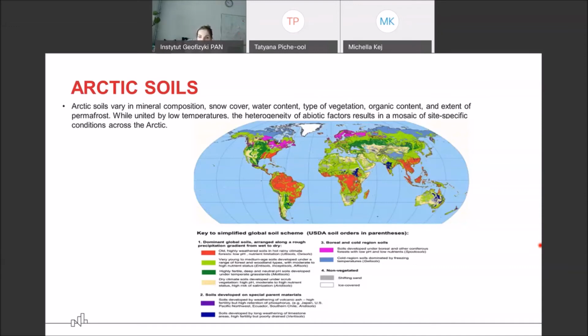Also, the presence of permafrost, or the extent of permafrost, is one of the very important factors that influences what the Arctic soil looks like. In general, the common factor is low temperatures, and this is very important, and also very limiting in terms of the processes that occur in Arctic soil.